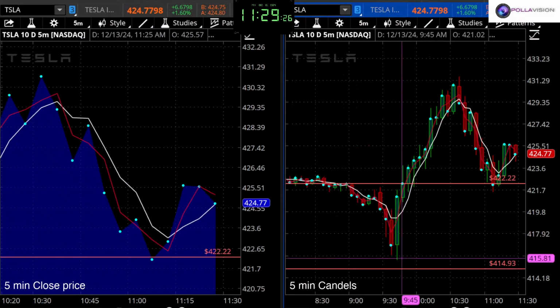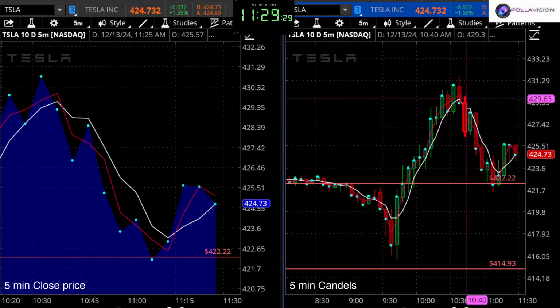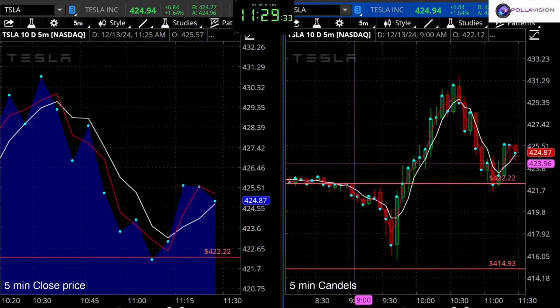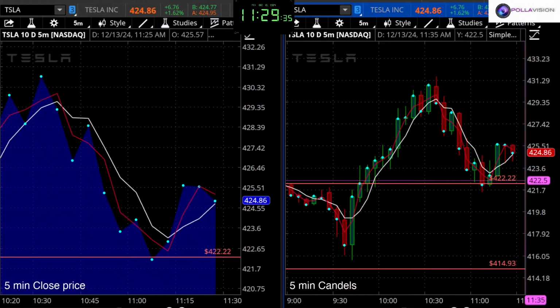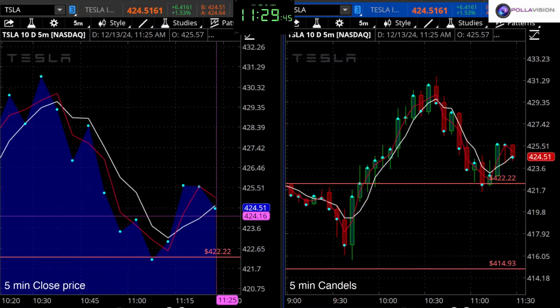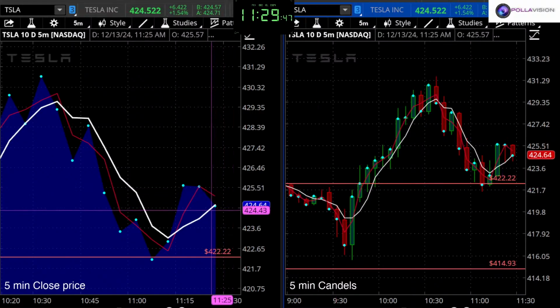Okay, on the 5 minute, there's the low, there's the high, there's a little reversal, right at the point I said was critical. And theoretically, we can see based on the 4 simple moving average, this has reversed on the 5. We can see here, is it going to hold?